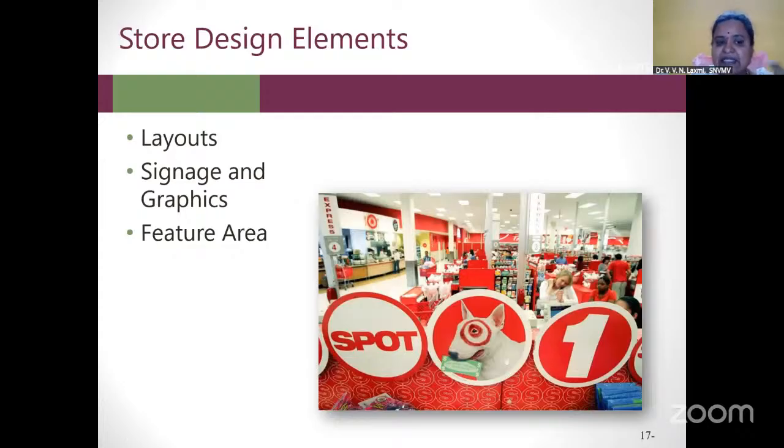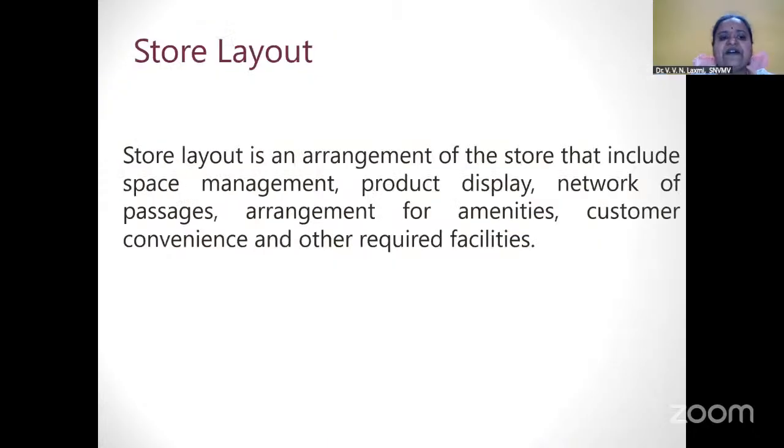Now, as we have discussed store location, let us look at the other elements of store design, that is layout, signage and graphics, and feature area. First, let us look at what store layout is. Store layout is an arrangement of the store that includes space management, product display, network of passages, arrangement for amenities, customer convenience, and other required facilities.